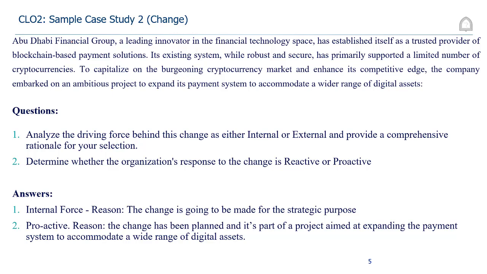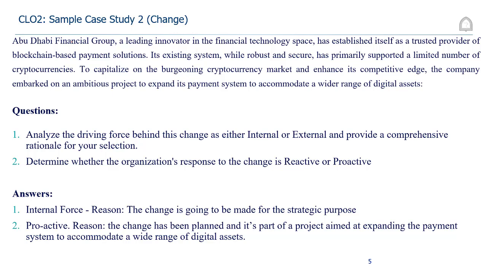So you need to have a knowledge of what kind of changes there are and how you react to those particular changes. Now, there are two kinds of changes. We've got the internal, which can be motivated internally. So we call them internal change.